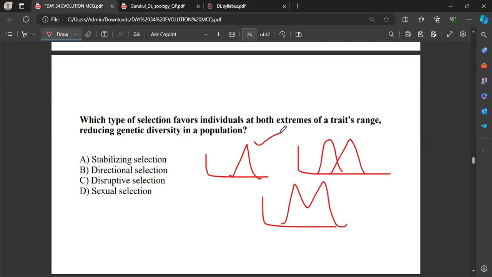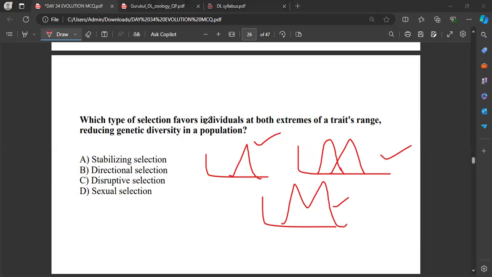In this graph, the intermediate structure is getting selected. This selection prefers the development of intermediary characters, and in this graph, either of the extreme characters is going to fit under this selection. In this graph, both extremes are going to be adopted by that particular individual.